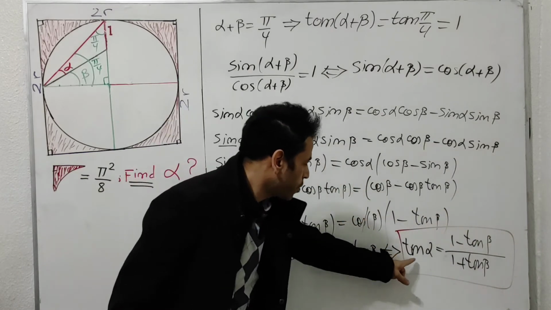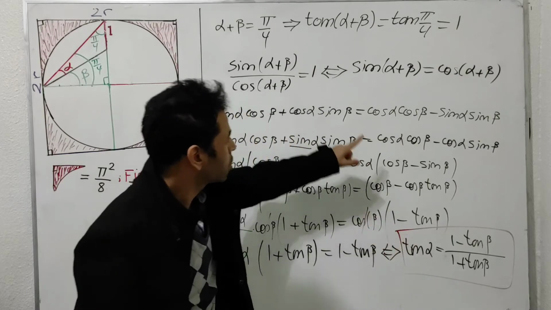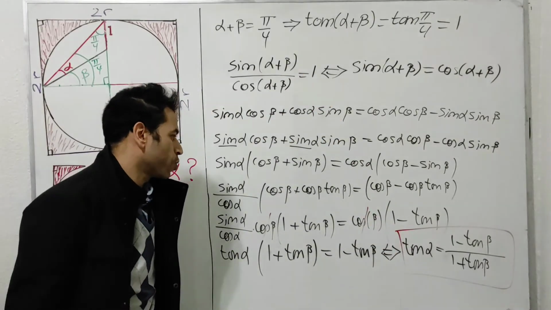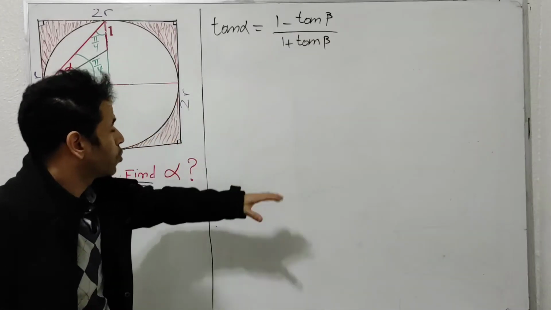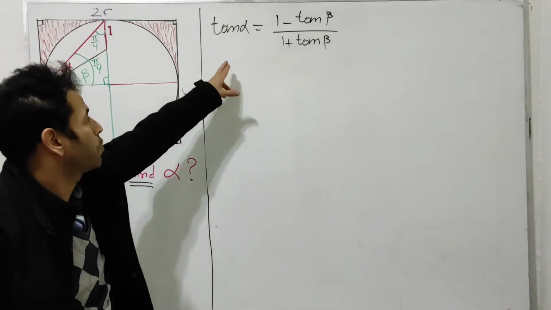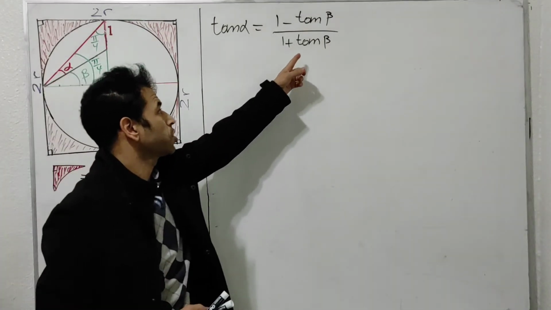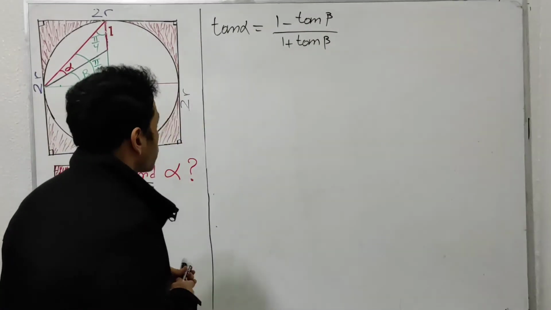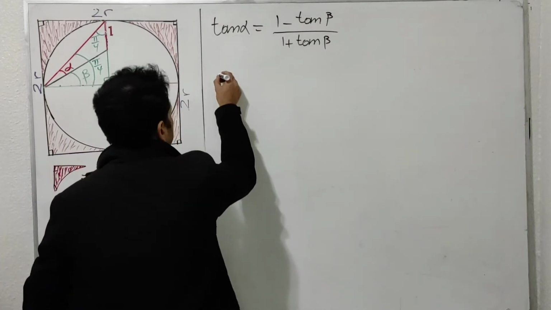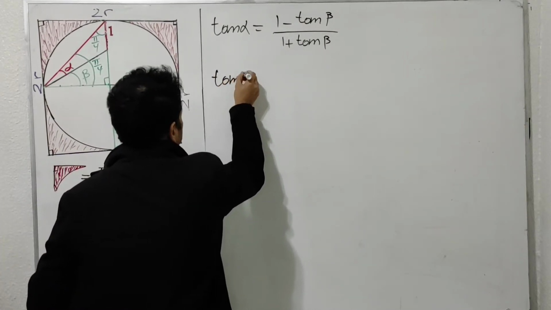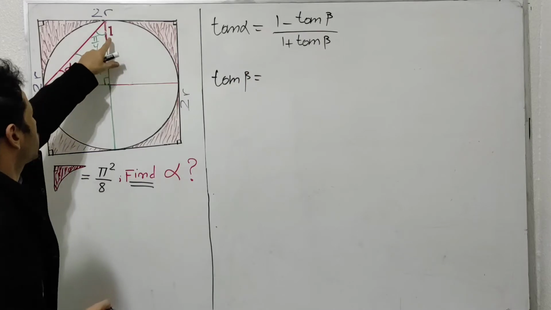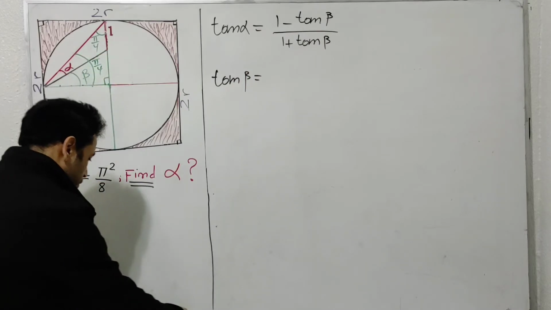I'm going to clean up the board and bring this important result to the top and continue with our problem. In the last board I was working on this equation and came up with this result. I'm going to replace tangent beta with its value. For tangent beta, I have this right isosceles triangle.